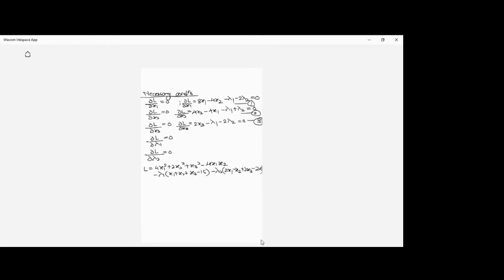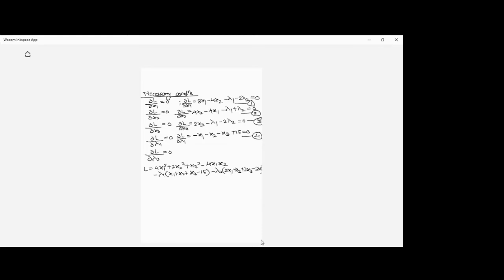Similarly, we find ∂L/∂λ1, which is equal to −x1 − x2 − x3 + 15 = 0. So this is your equation number 4.